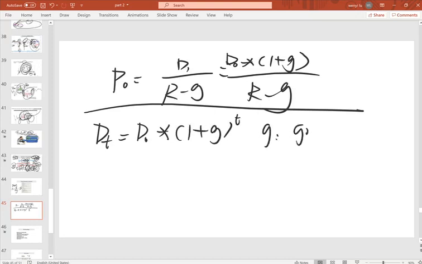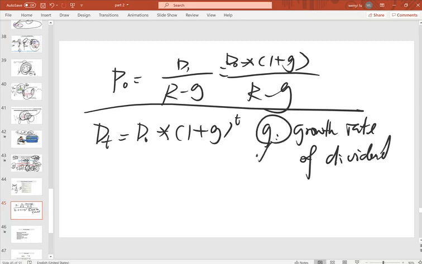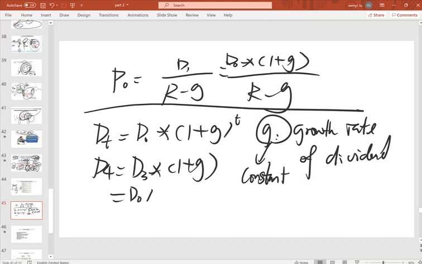G is the growth rate of dividends, and this growth rate is constant. So D4, for example, is D3 times 1 plus G, which equals D0 times 1 plus G raised to 4.